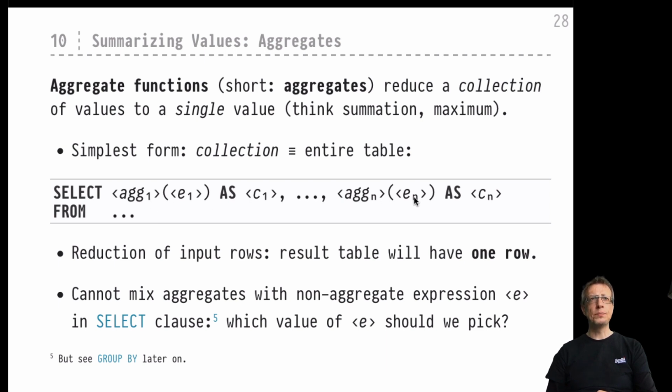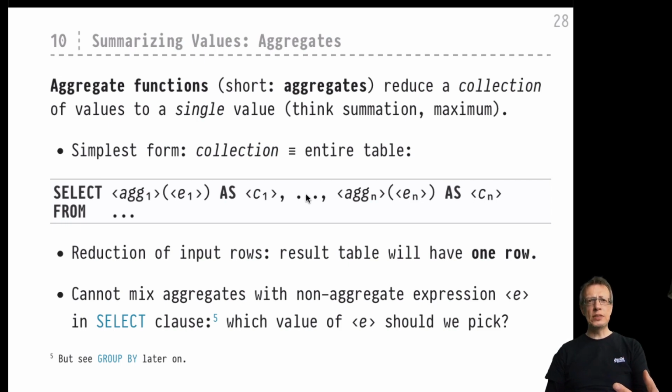As you can see here, in a single select clause, I can compute many aggregate functions at once. Be aware, though, that if I decide to compute one aggregate here, then all of the expressions, all of the columns, all of the fields C1 to Cn have to refer to aggregate functions, and that makes sense. If only a few of these fields would compute aggregates and other fields would just return normal expressions, then we would have a clash.